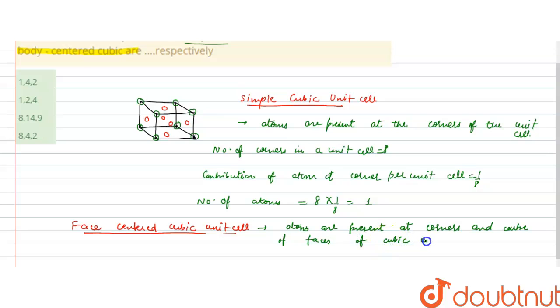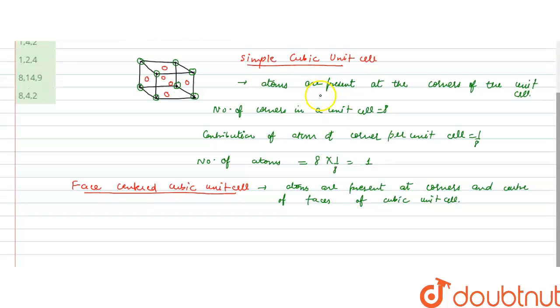The contribution of the corner atoms is 8 into 1 by 8, that is 1, and the contribution of an atom at the center of a face is 1 by 2. In total there are 6 faces in a face-centered cubic unit cell.